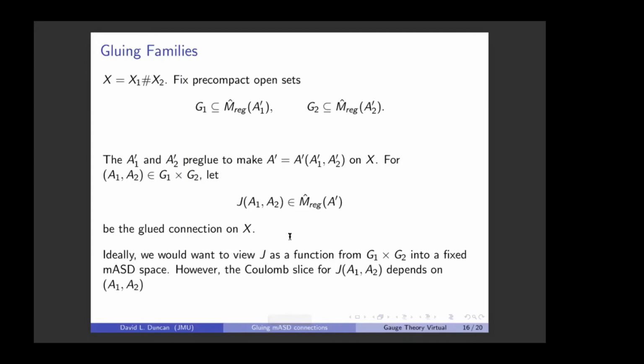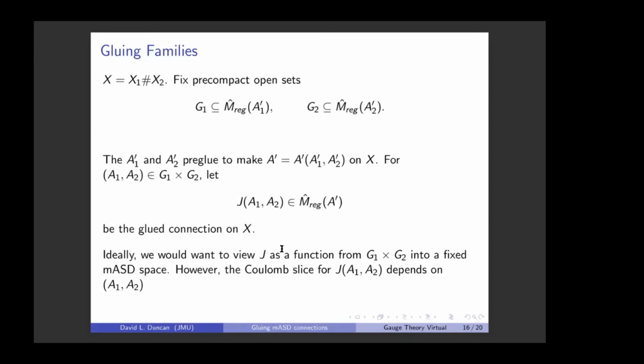But the problem is that as A1 and A2 vary, this A prime varies, because A prime depends on A1 and A2. So as A1 and A2 vary, the moduli space, or the thickened space to which it belongs, is going to vary as well.